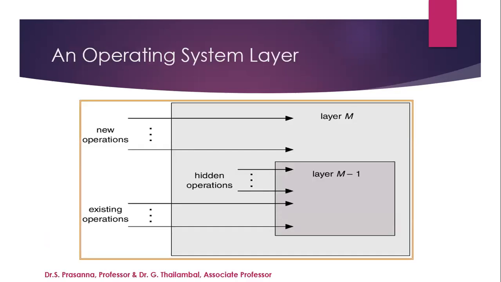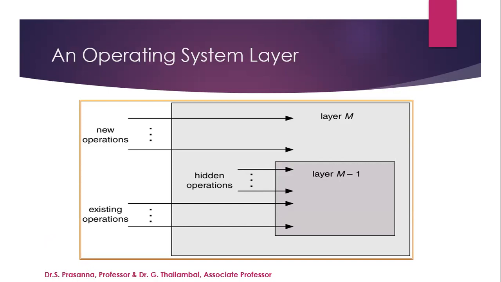An operating system layer. So you can see here new operations or existing operations. The existing operations are in layer m-1, which also contains some hidden operations which are not known to all the people. So everything is in layer m-1.